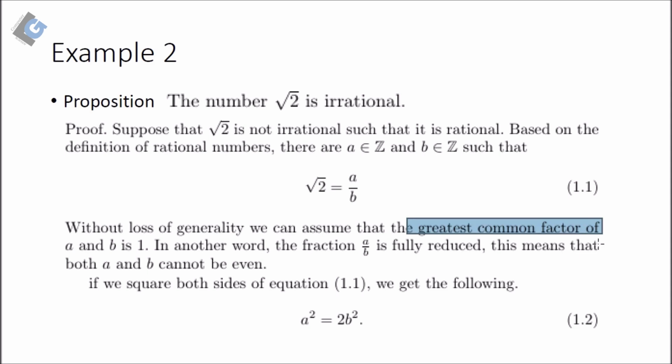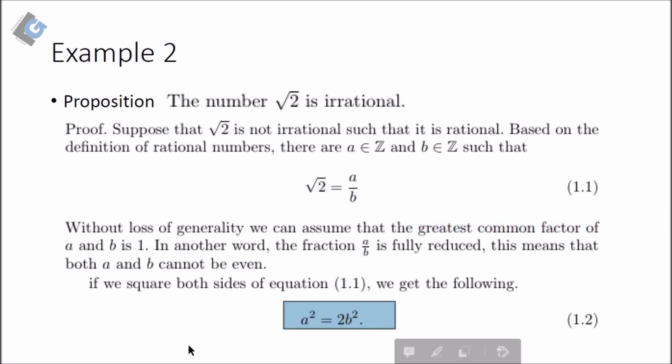So, okay, because we assume the square root of 2 can be represented as a fraction of two integers, A divided by B, then we can square both sides of equation 1 and get this equation, right?